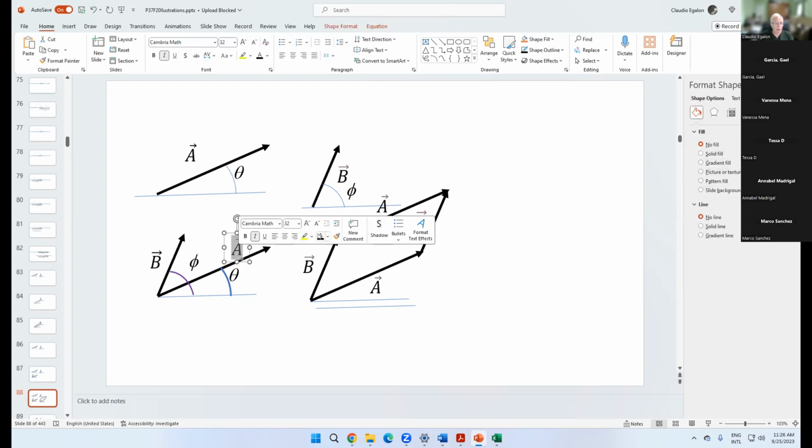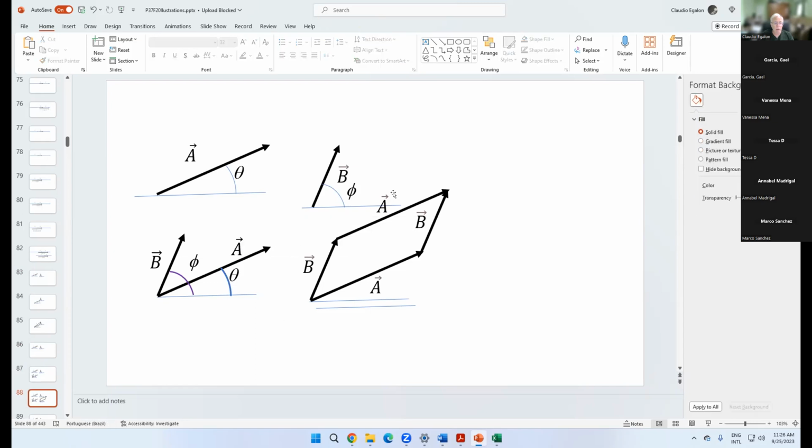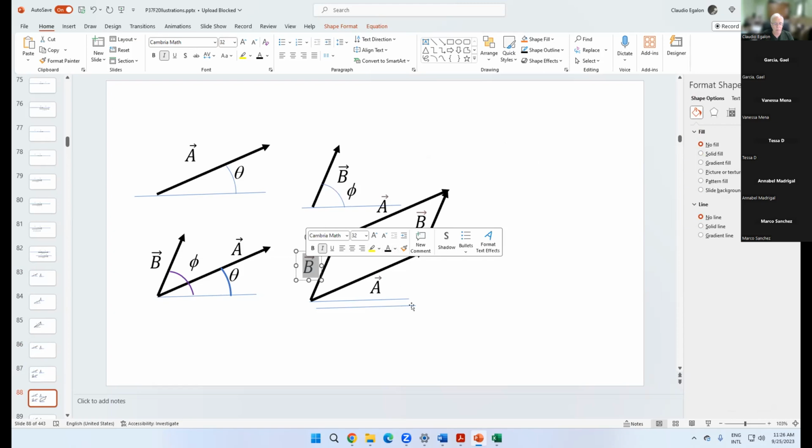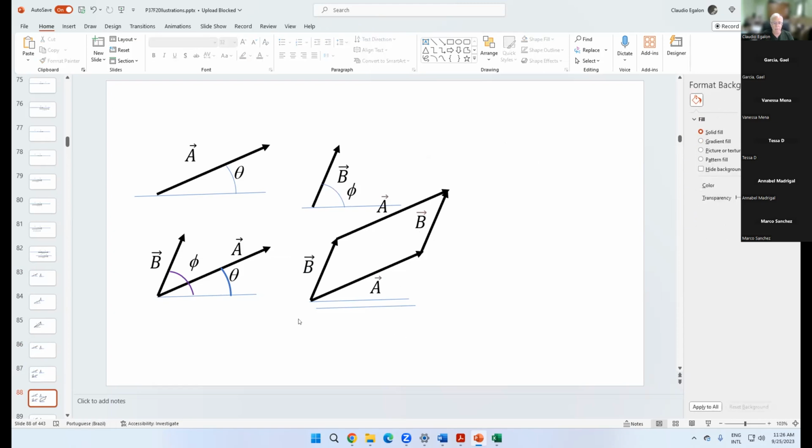Okay, the sides of this parallelogram are going to be parallel to the other vectors, because that's what we are doing here. So on the other side, we put the B vector, right? Opposite to the side of the B, and opposite to the side of the A, we put the A vector again.